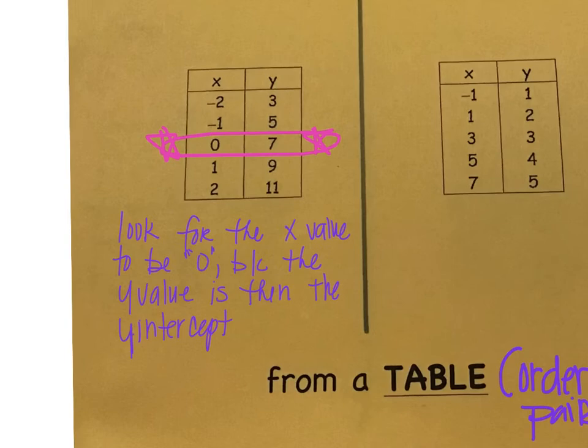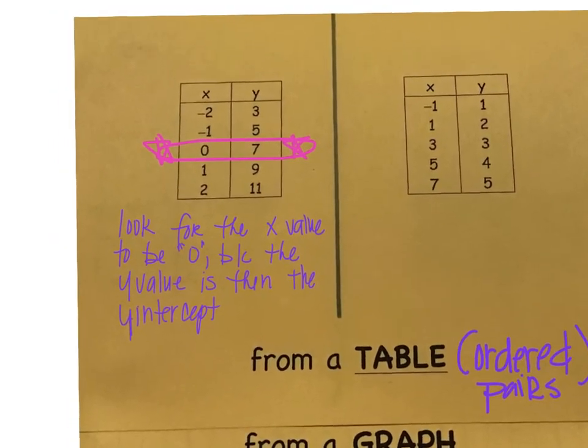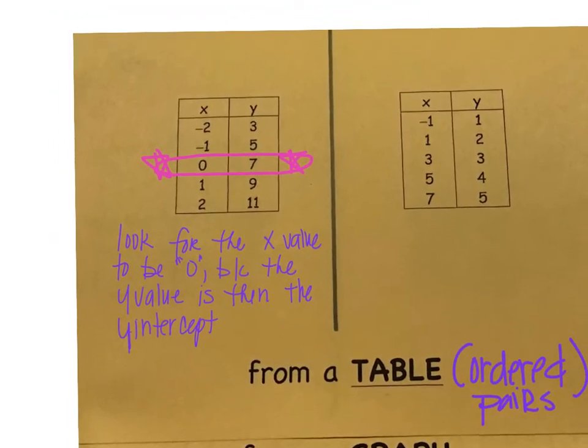Okay, so just like in that last page where I showed you, if this one says x is 0 and y is 7, then that means 7 was your y-intercept.